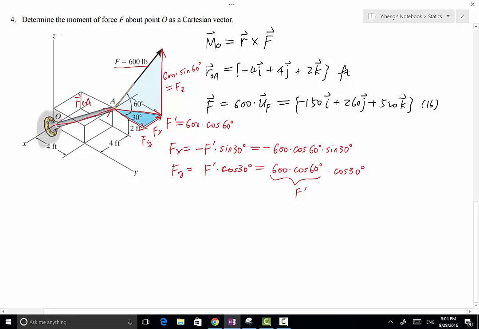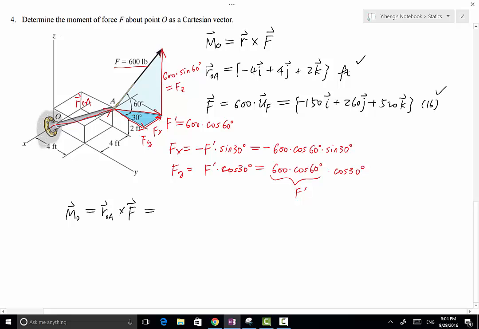So now we have both the position vector from point O to the force, and we already have the force as a Cartesian vector. Now we can determine our moment using the vector formulation, ROA cross F.